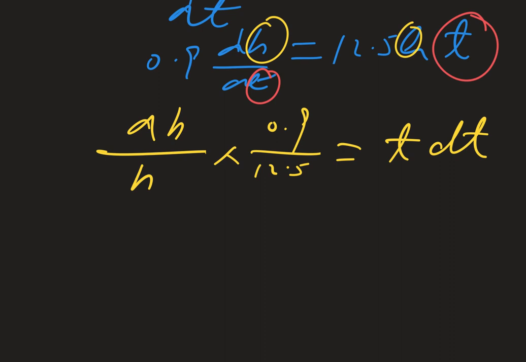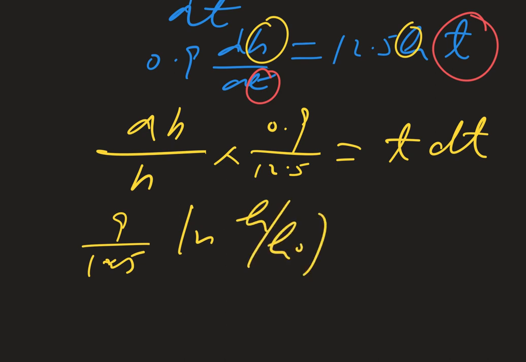This 0.9 and 12.5 you can put together, and this is ln h equals t squared over 2. T is 0 initially.